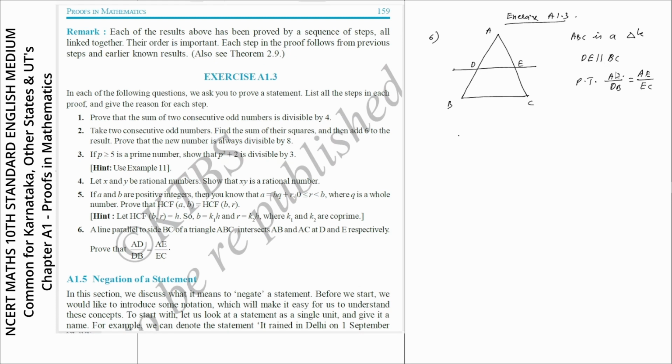That means DE is parallel to BC, and I need to prove that AD by DB is equal to AE by AC. Now in the diagram you can see that there are two triangles, ADE and ABC. Angle A is common to both the triangles. Now since DE is parallel to BC, angle D is equal to angle B. These are corresponding angles.